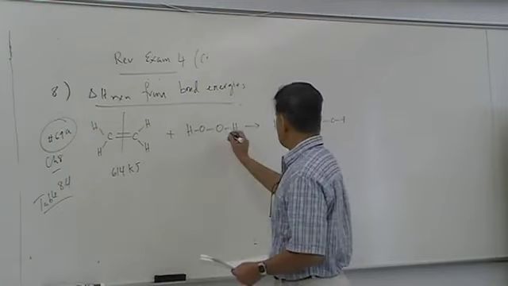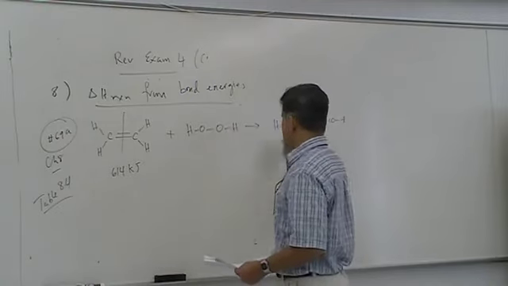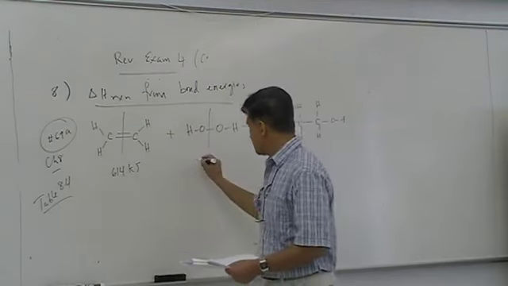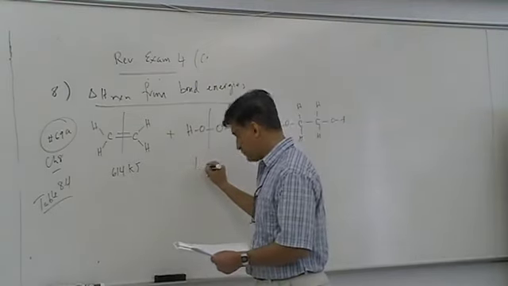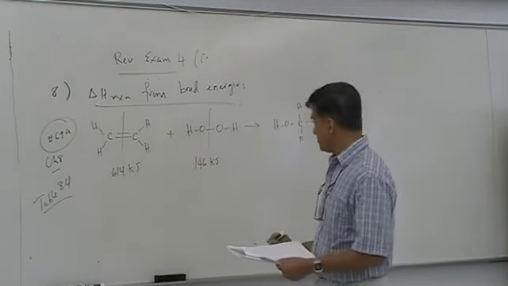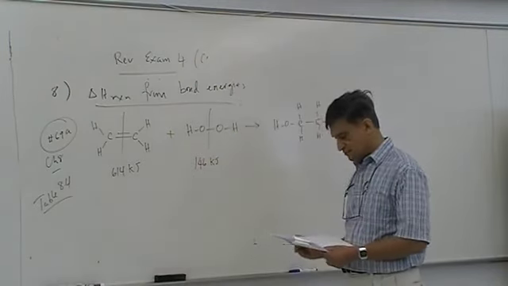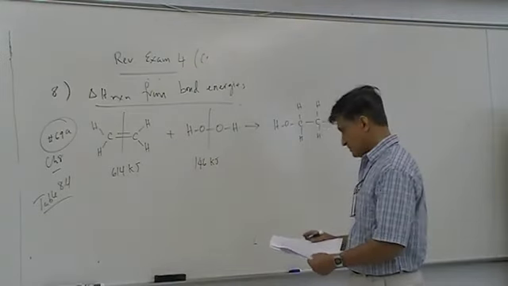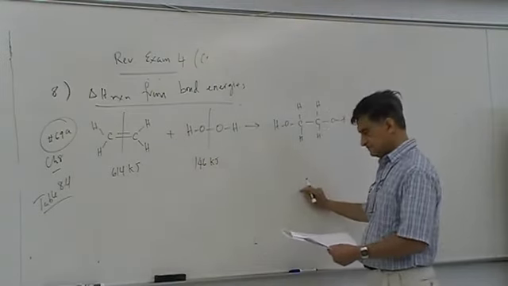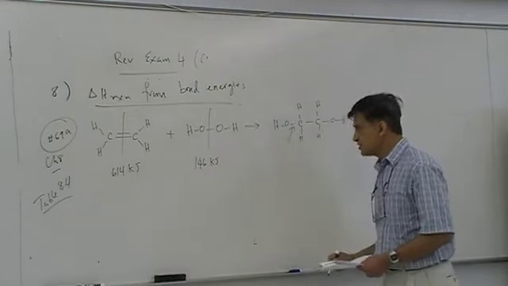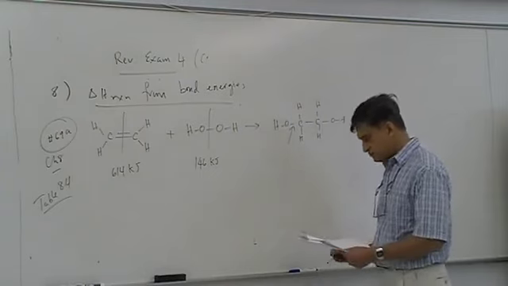Now, there is no OO bond on the right side. So that means I need to break this bond. And that also needs energy, and that amount is 146 kilojoules per mole for oxygen-oxygen single bond breaking. On the right side, what do I need to make? If you look carefully, the CO bond. We didn't have a CO bond, so we need to make it.